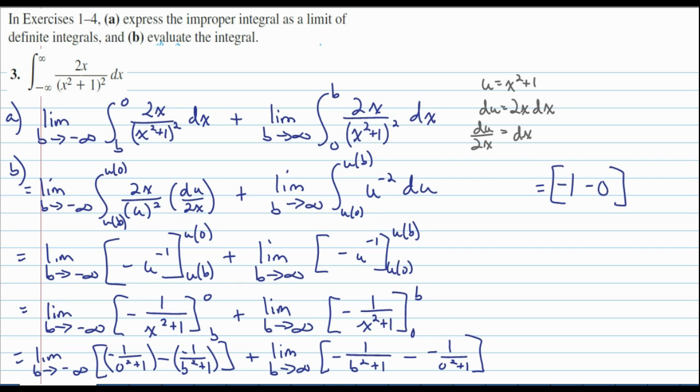Now I'm going to take the limit as b approaches negative infinity of the first part, so I get negative 1 minus 0. And then the limit as b approaches infinity of the second part, I get 0 plus 1. So it turns out that the whole area under this curve from negative infinity to infinity is 0.